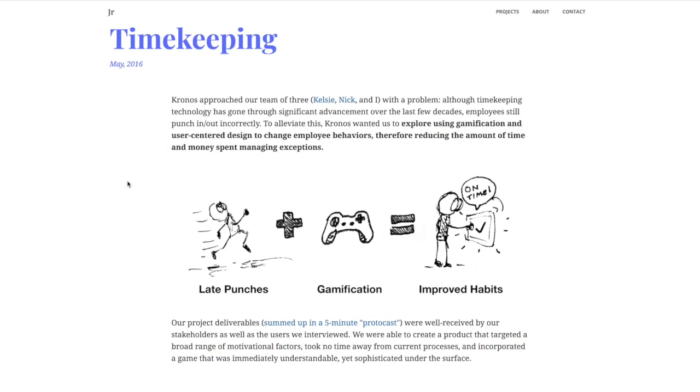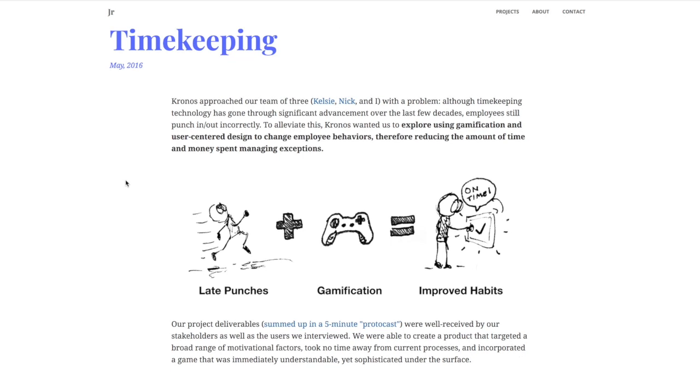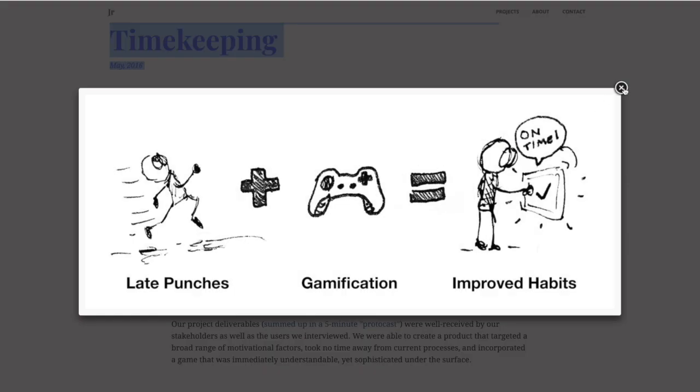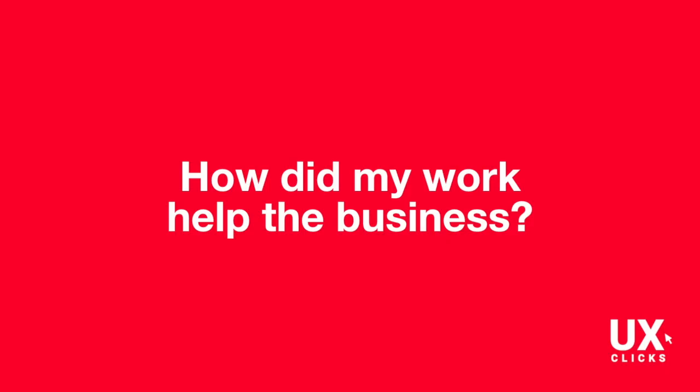To alleviate this, Kronos wanted us to explore using gamification and user-centered design to change employee behaviors, therefore reducing the amount of time and money spent managing exceptions. Here you can also see that he uses some great little doodles and illustrations to help share what this paragraph is about visually.